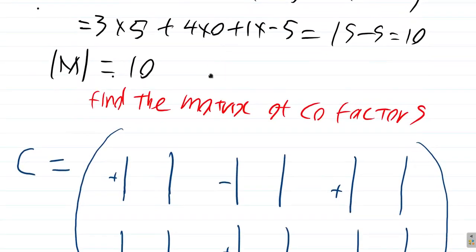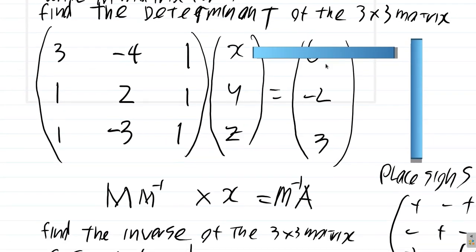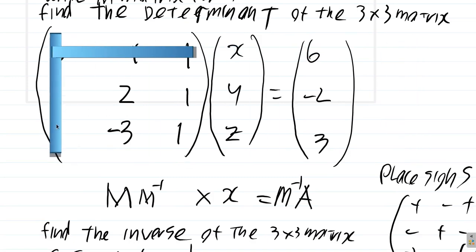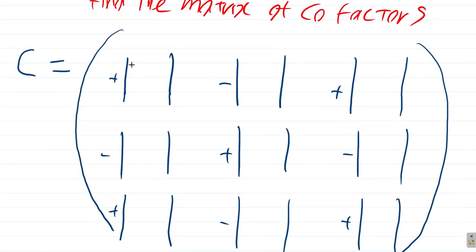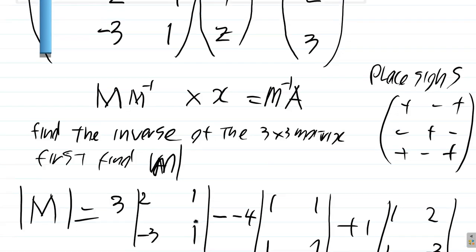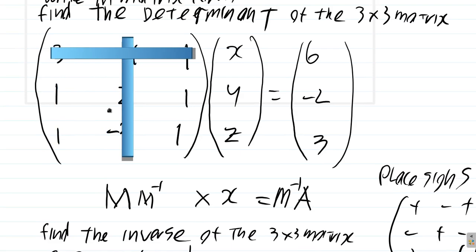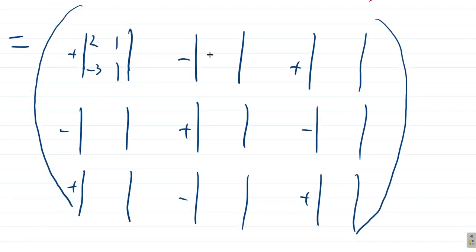Alright. Now, the element in row 1, column 1. That's the 3 here. We cover it. And we see uncovered 2, 1, negative 3, 1. We did it before. So it's 2, 1, negative 3, 1. Then the other one, cover it, and we see uncovered 1, 1, 1, 1. So we find that there will be 1, 1, 1, 1.